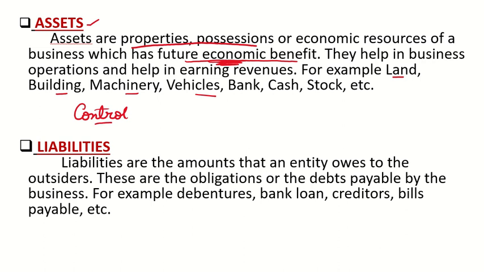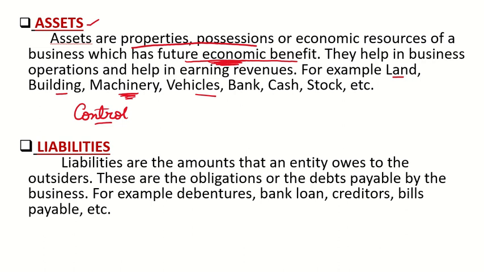Now, for example, let's say machinery. Machinery will be with the company for, let's say, 5 years, 10 years and all. So for that many years, this machinery produces the goods, will generate sales, will generate revenues from that machinery. So for the future 5-10 years it will give us the benefit.